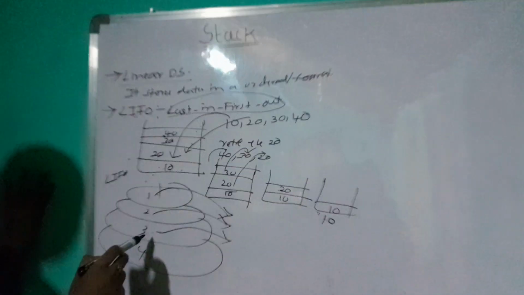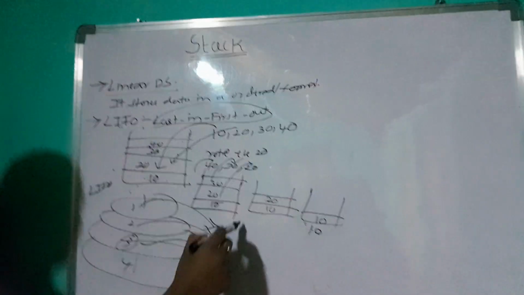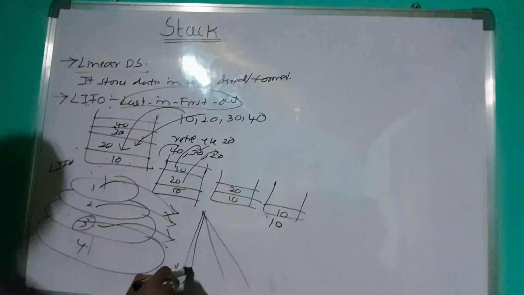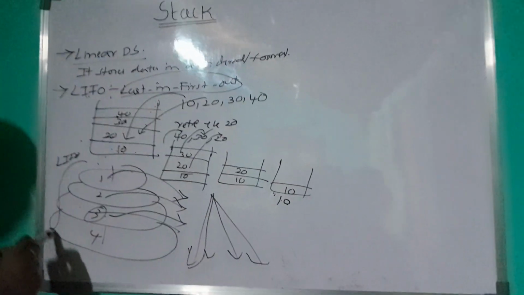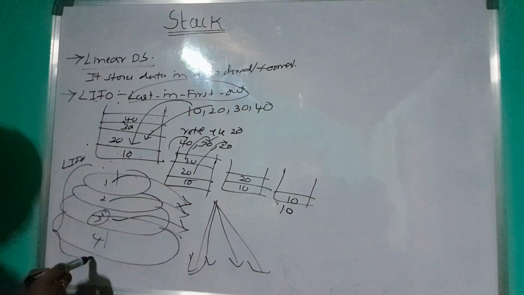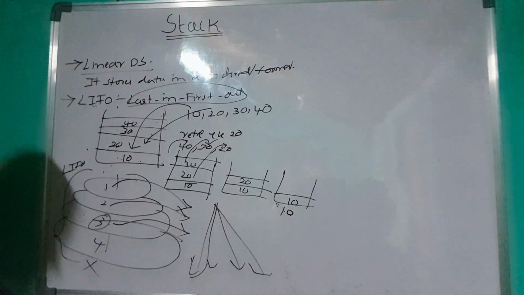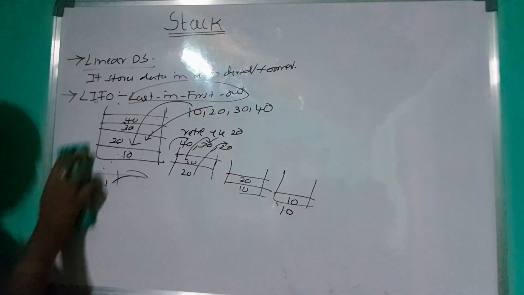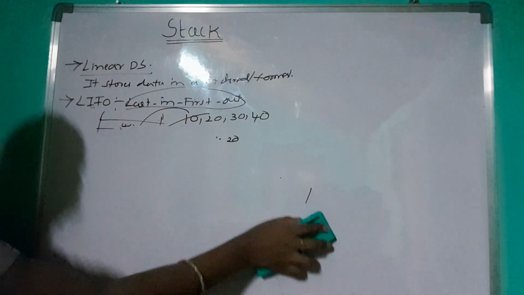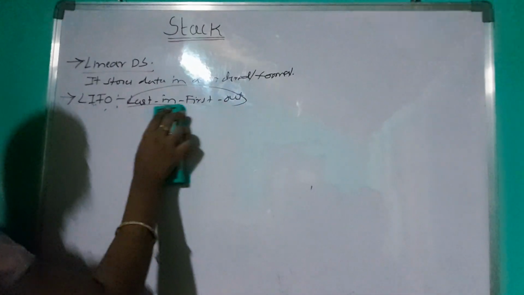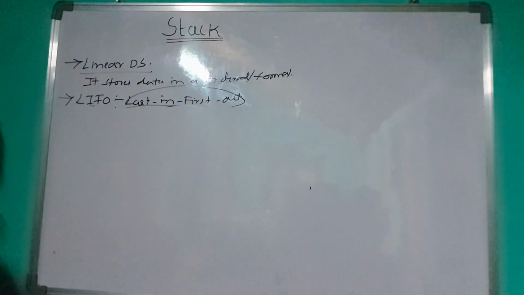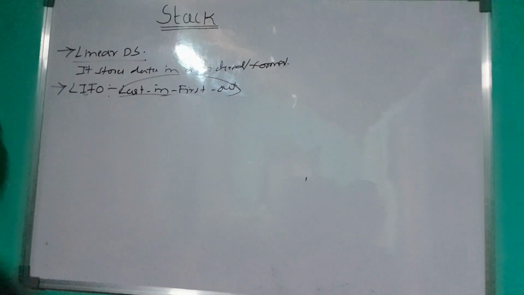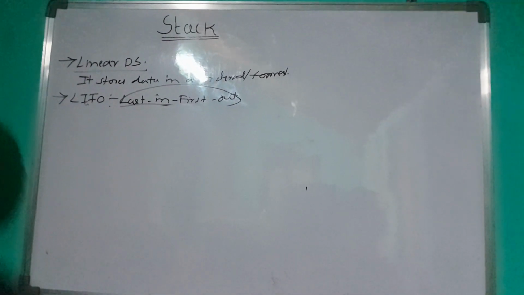If we directly retrieve plate 3 from the stack, the entire plate arrangement gets scattered and this ordered format is lost. That is about the last in, first out structure. Note these 2 points.